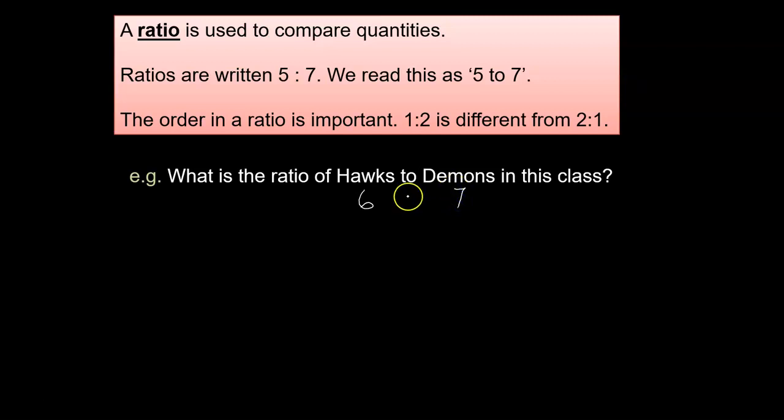So the ratio of Hawks fans to Demons fans would be 6 to 7. If we wanted to write the ratio of Demons fans to Hawks fans, we would write 7 to 6.